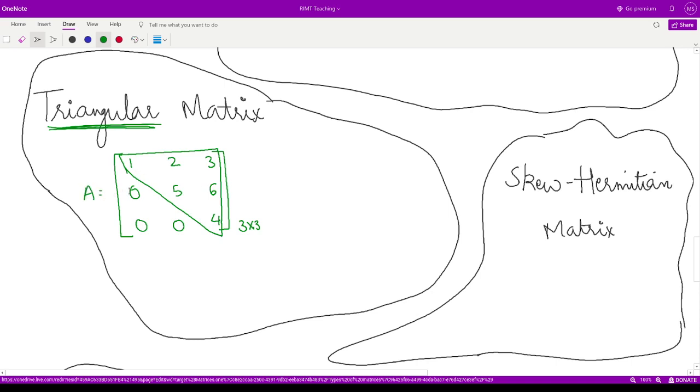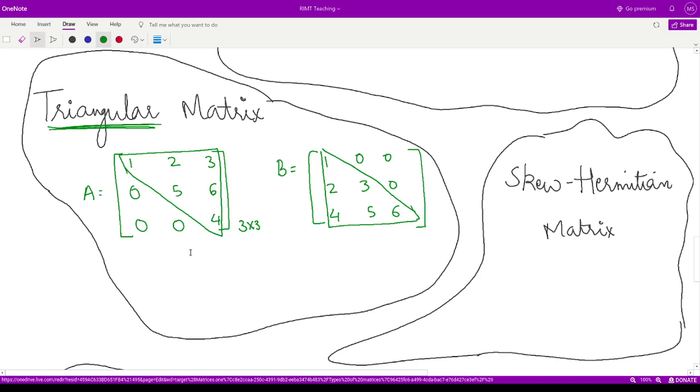Say this is matrix A. Suppose I am taking another matrix B, which this time is, say, 1, 2, 3, 4, 5, 6, and everywhere else I am having 0. So you see here also I am having the entries in the form of a triangle. So this is also another kind of triangular matrix.